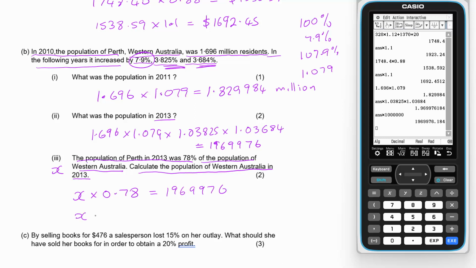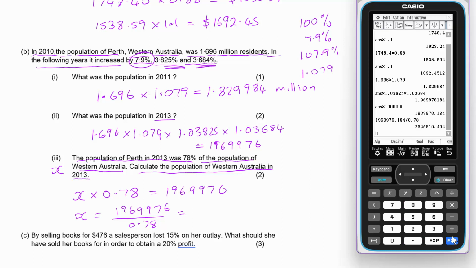So X is going to be the 1,969,976 divided by 0.78. Well, let's just do the last answer on the calculator. And let's just divide that by 0.78. And that gives me 2,525,610.